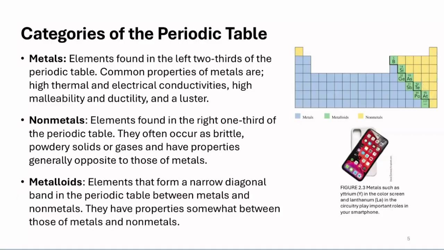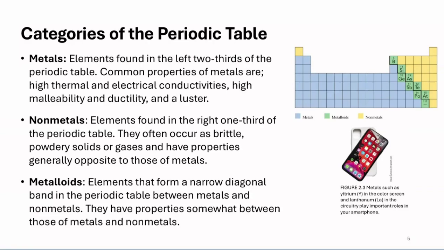And then the metal elements are going to be to the left of the metalloids. By remembering that fact, you can determine which elements are metals, nonmetals, or metalloids.